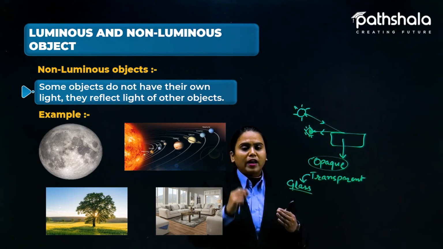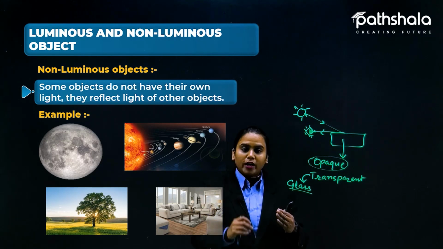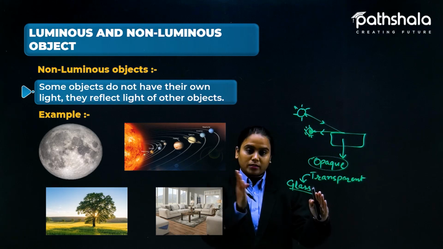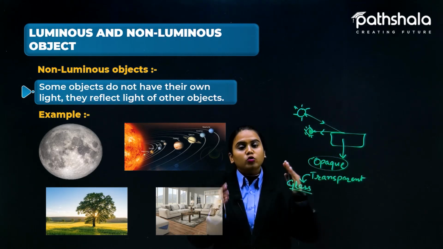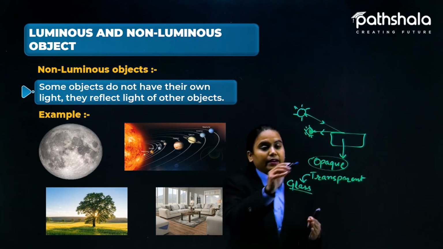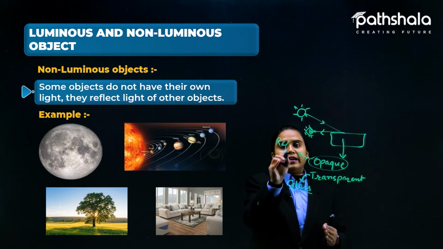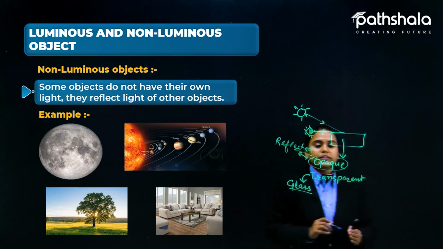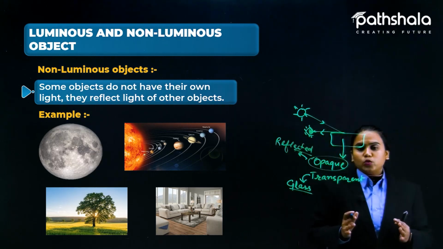Transparent objects, like glass, let light pass through, and a little bit of light gets reflected. So in transparent objects most of the light passes, and in opaque objects most of the light gets reflected.